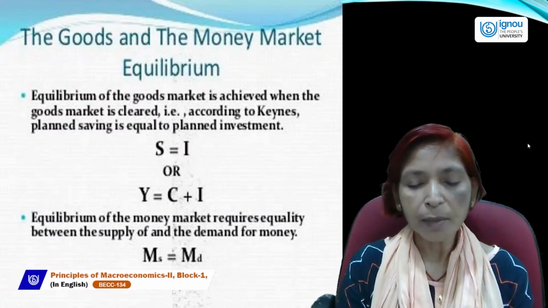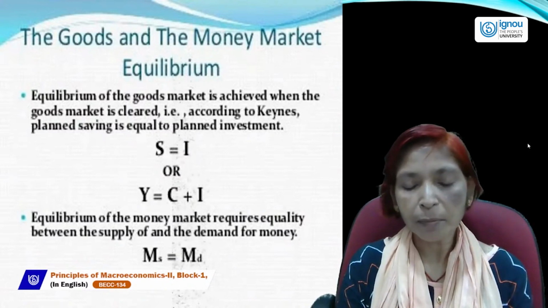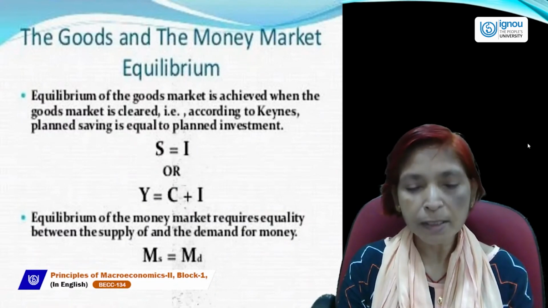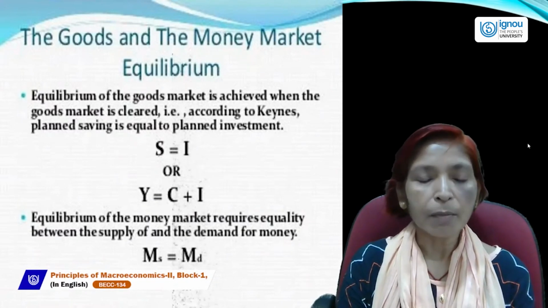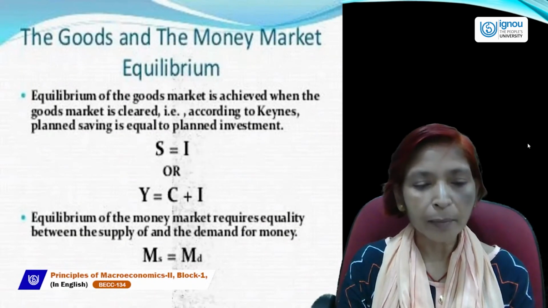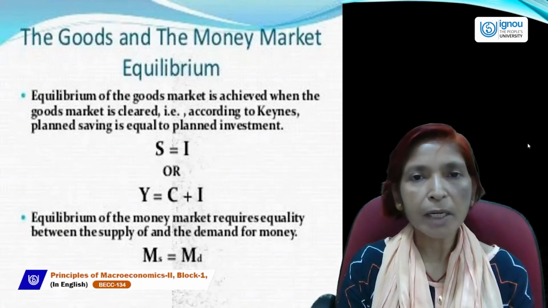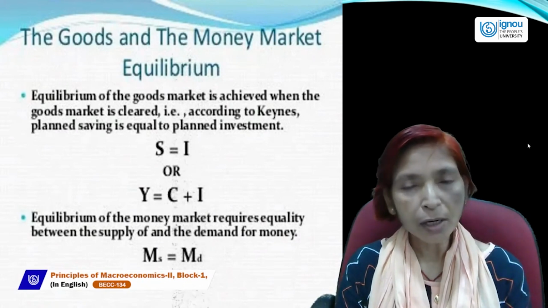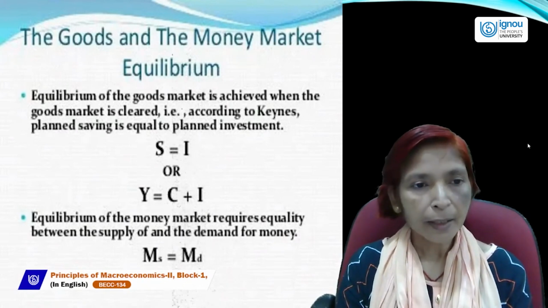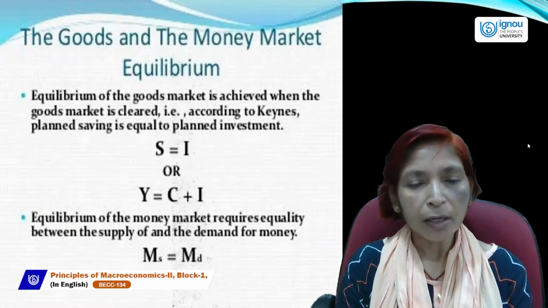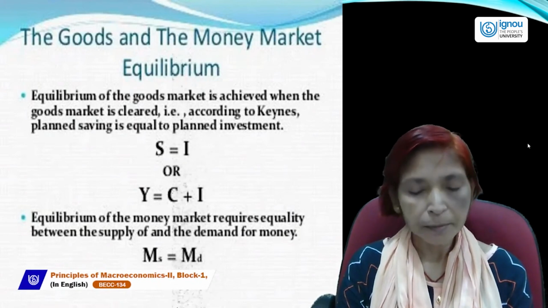Here MD is money demand, which is basically for three purposes according to Keynes: transaction purpose, precautionary purpose and speculative purpose. And money is supplied by the Reserve Bank of India at a particular point of time. That's why money supply always remains constant at a particular point of time. So the goods and money markets can be in equilibrium according to these situations.